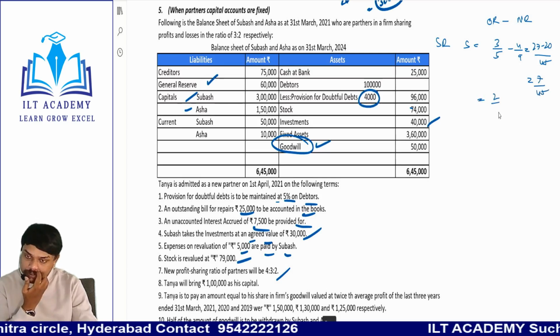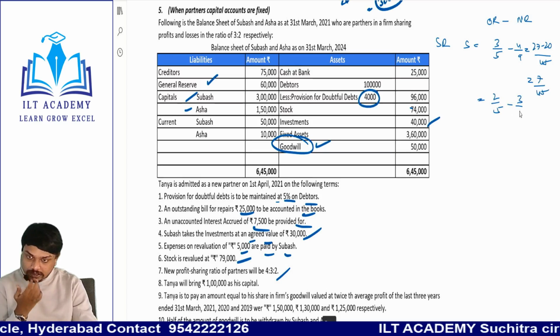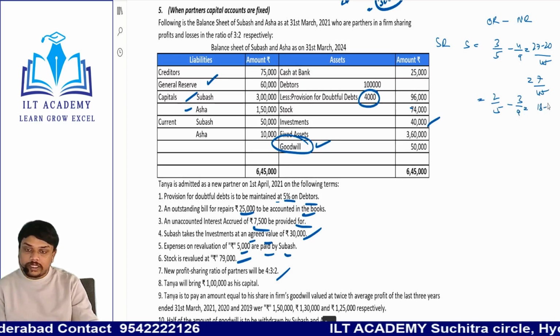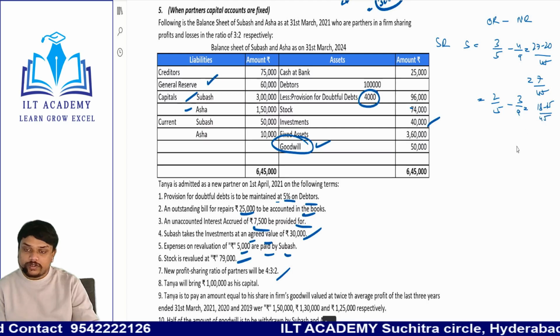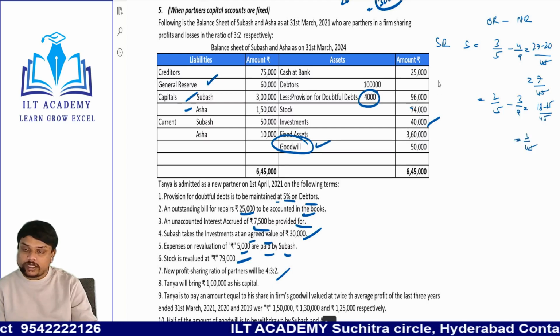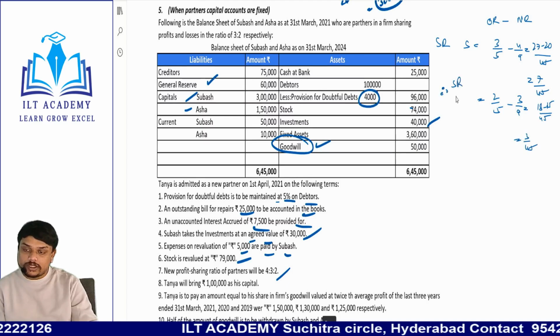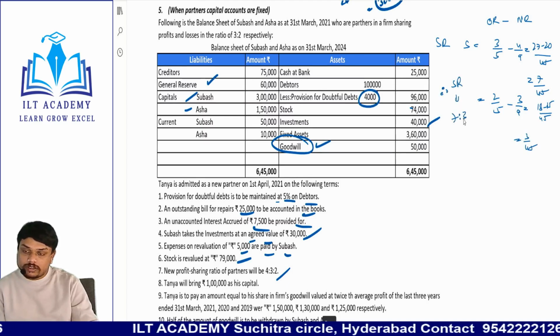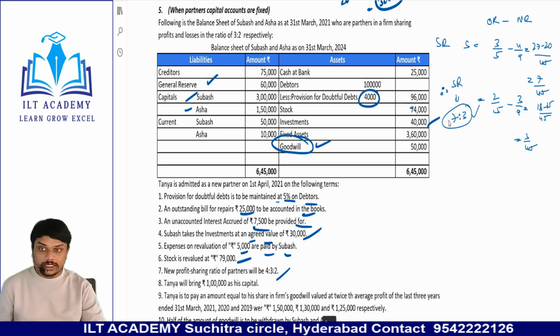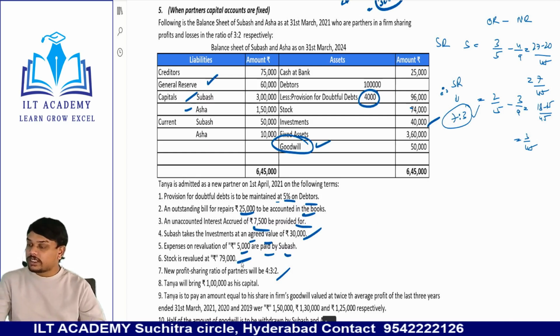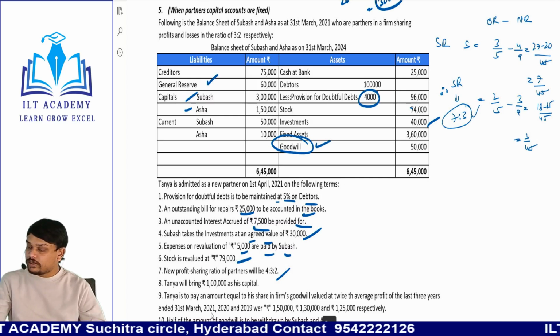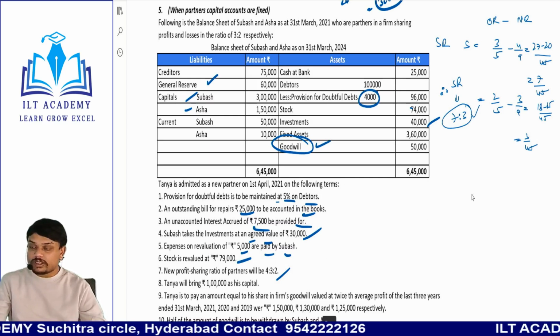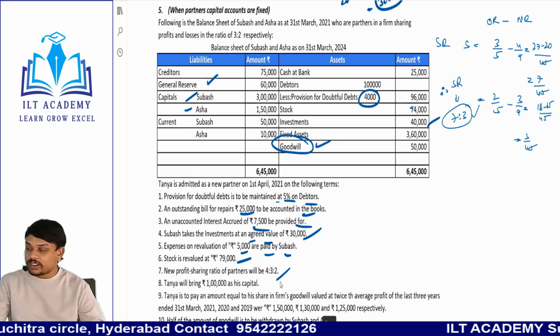Next, 2 by 5 minus 3 by 9, which is 18 minus 15 divided by 45, which is 3 by 45. Therefore, sacrificing ratio is 7 is to 3. That's it. Goodwill we will do next. 7 is to 3 is the ratio we have calculated for sacrificing ratio.